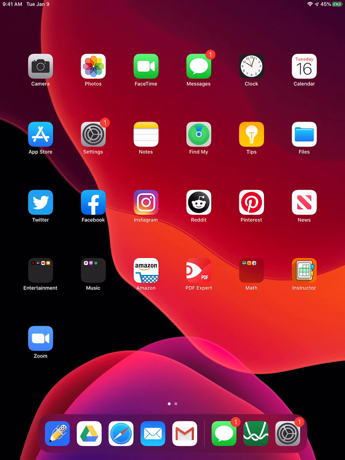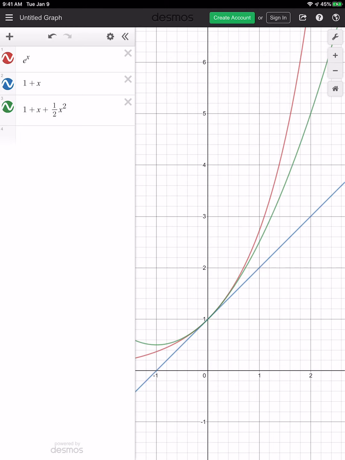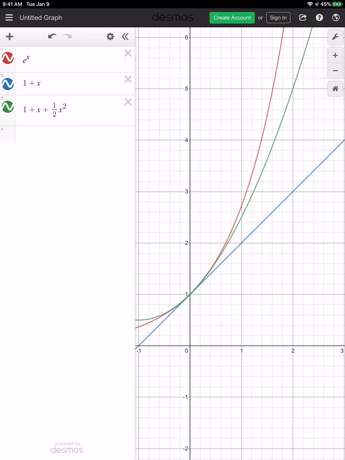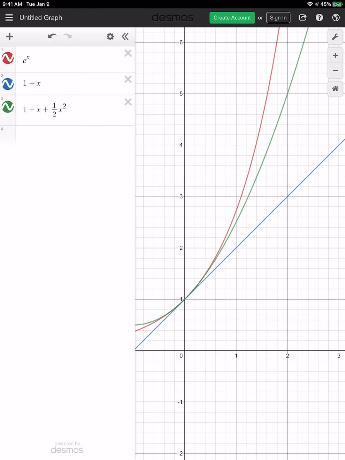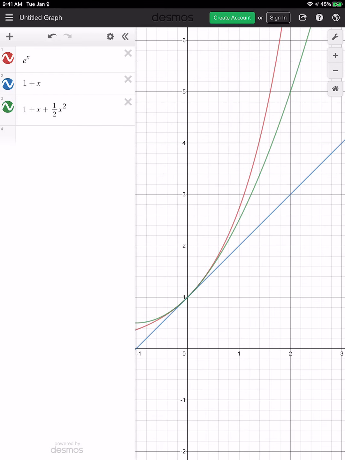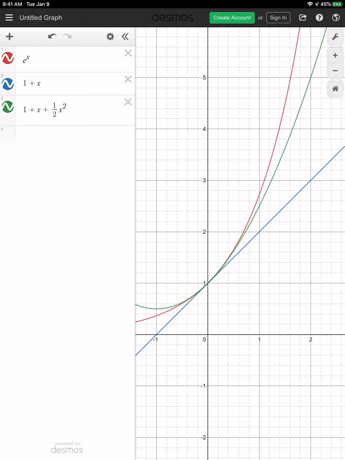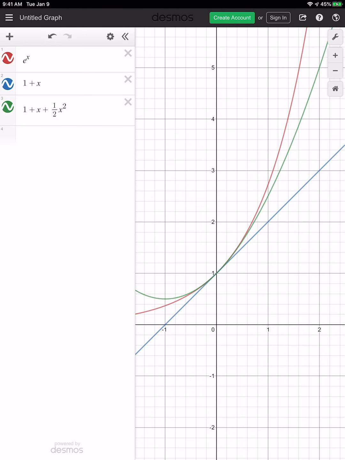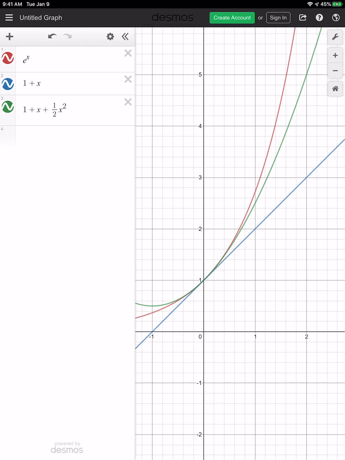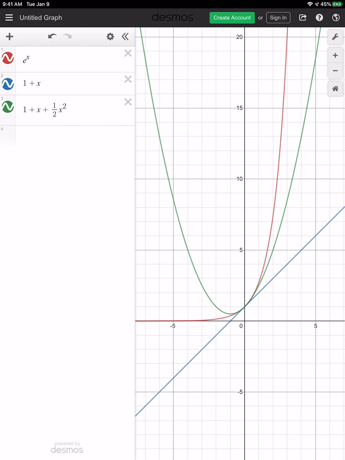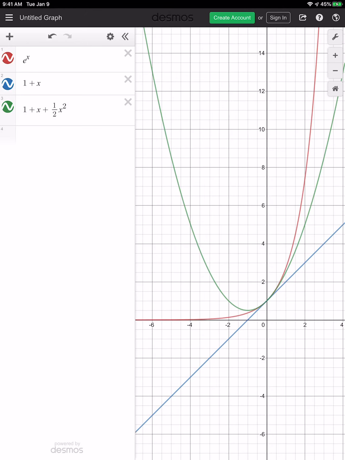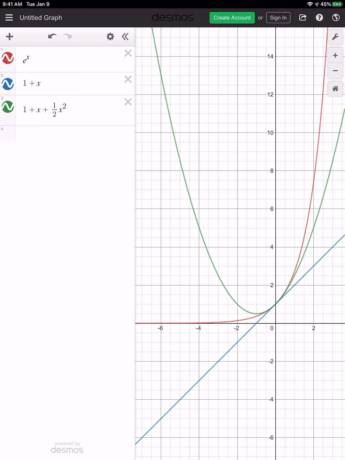Just think back to the example at the very beginning when I was looking at e to the x and the two polynomials that we used, right? If I pick an x value that's really close to 0, the green, the blue, and the red are all really close to each other, right around 0. Even if I put 0.1 or 0.5, they're pretty close. Not great, but pretty close. But if I pick the x value at negative 5, the actual value, the red part, is going to be really close to 0.